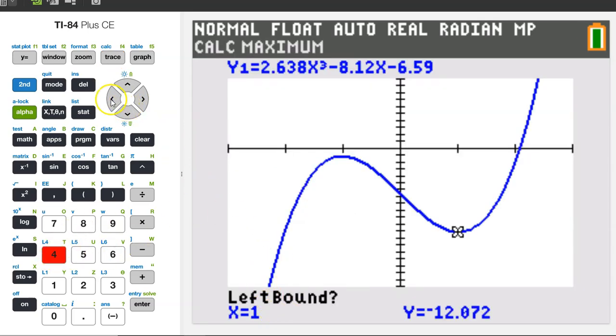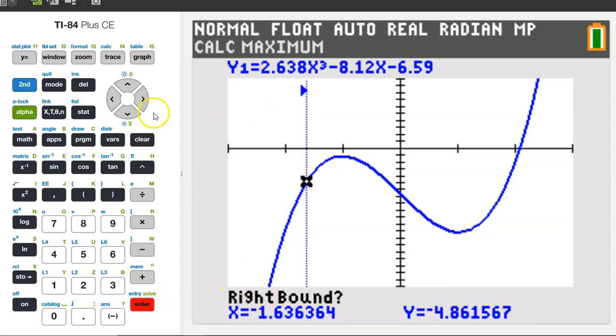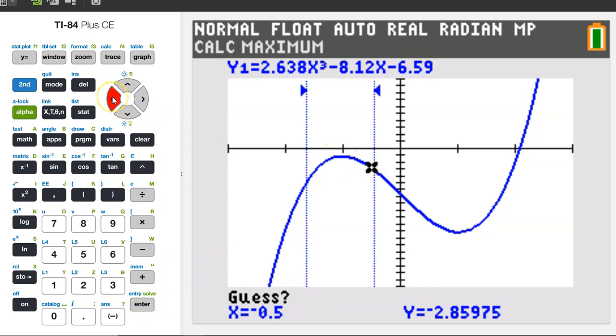It's going to say left bound, so use your arrow keys to move somewhere to the left of where you know the relative max to be and hit enter. Now it says right bound, so use your arrow keys to move somewhere to the right of the relative max and hit enter. And then use your arrow keys to move very close to the relative max and hit enter.